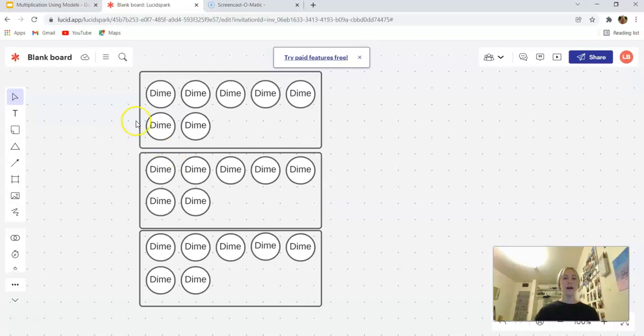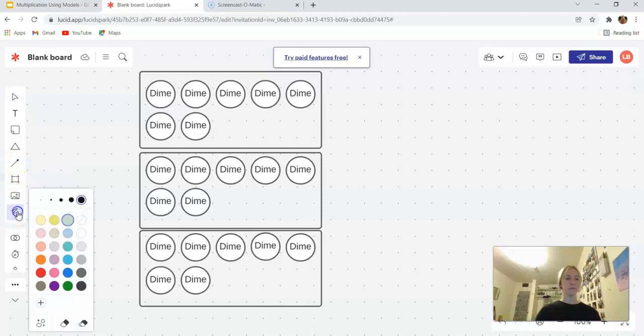You can see here that I put them into equal groups. How many dimes do I have in each group? Well, I have 1, 2, 3, 4, 5, 6, 7. There are 7 dimes in each group.